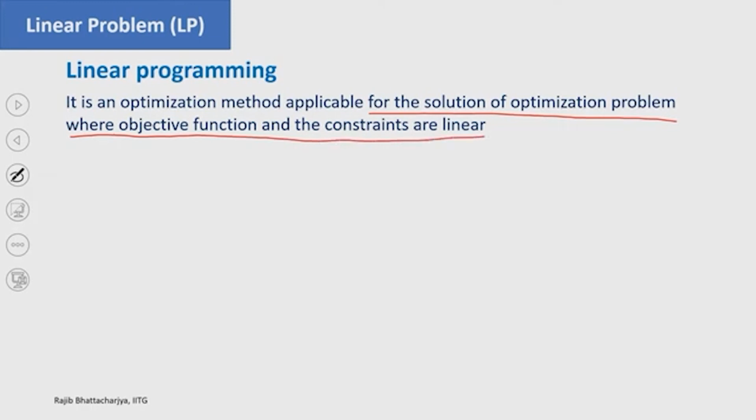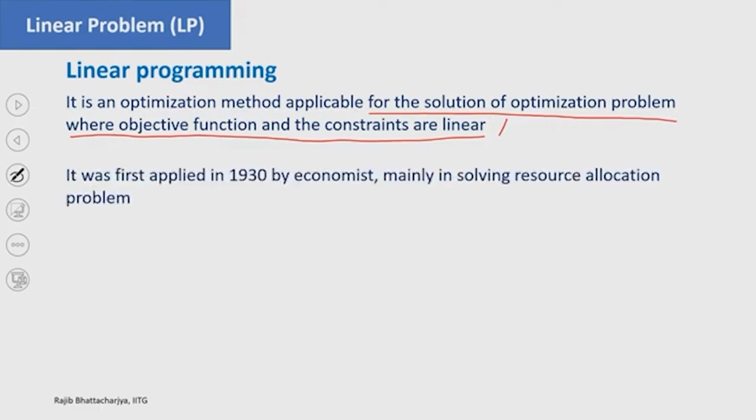Both the objective function and the constraints should be linear. In that case the problem is known as a linear problem, and the solution procedure, or optimization method, is called linear programming.